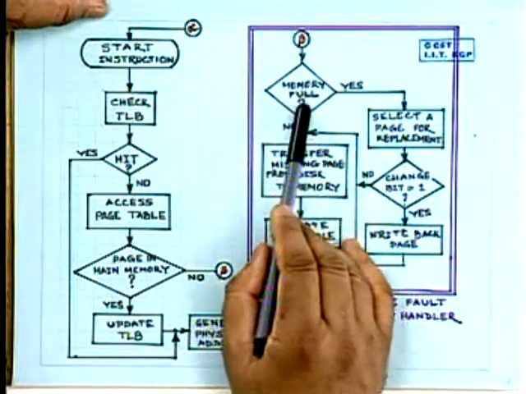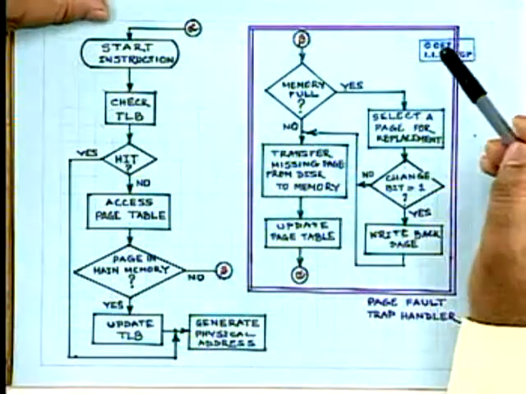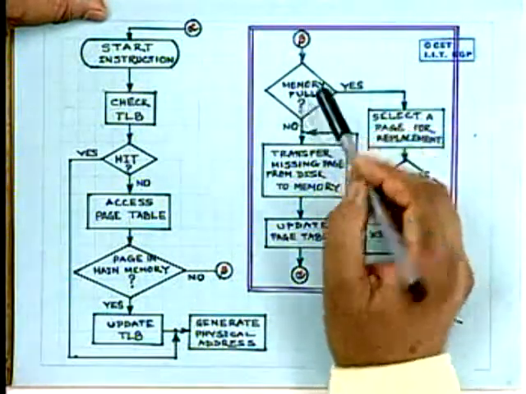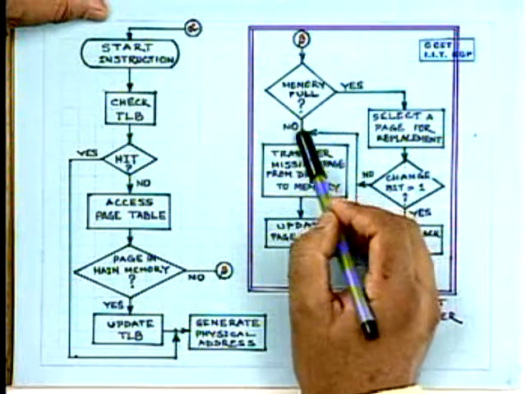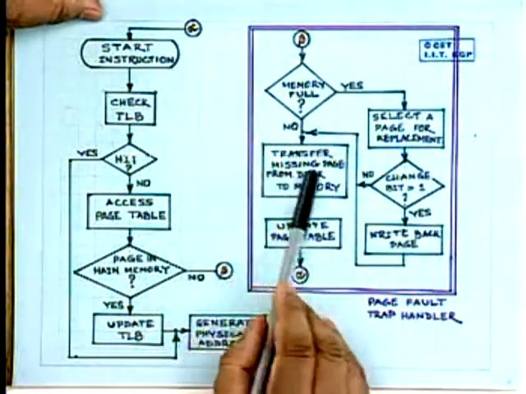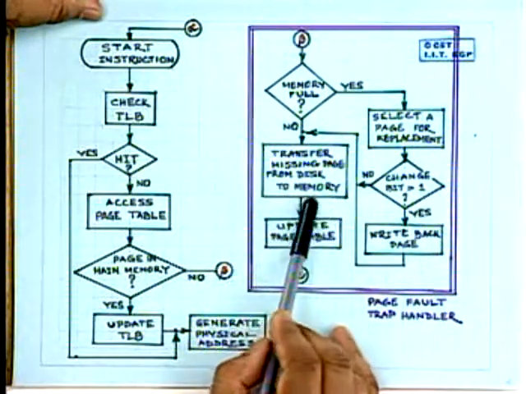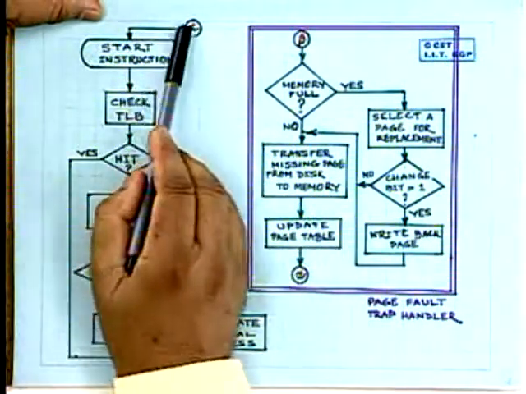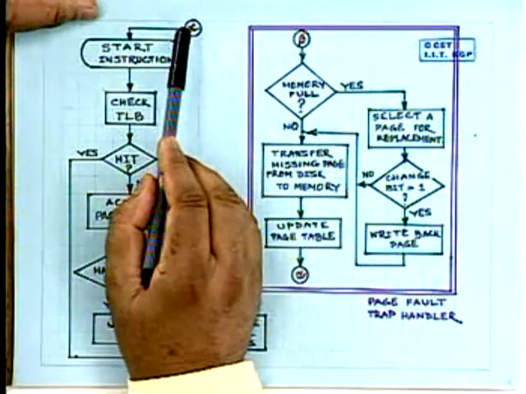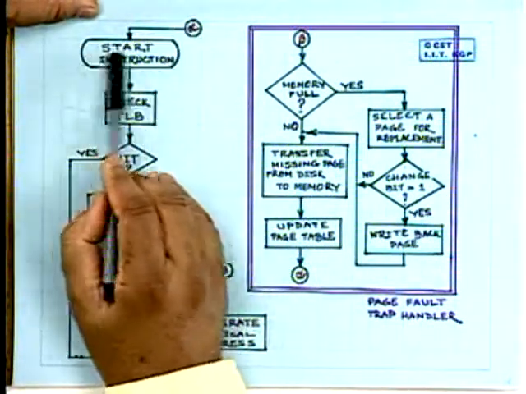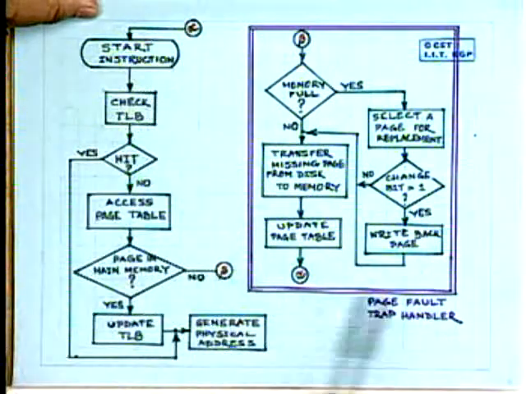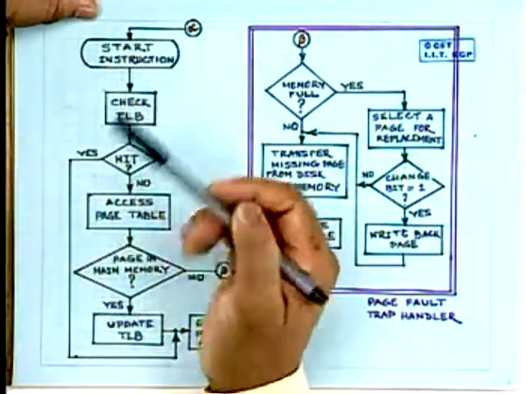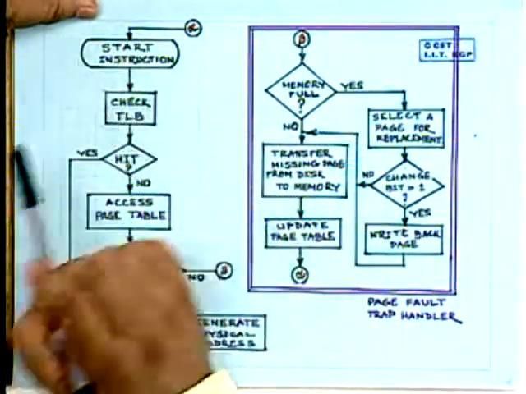If the memory is full, we go by this path. If the memory is not full, that means some frame is empty, then naturally we come by this. Here we transfer the missing page from the disk to memory, update the page table, and go back to the start of the program once more. The instruction is fetched and starts executing once more.